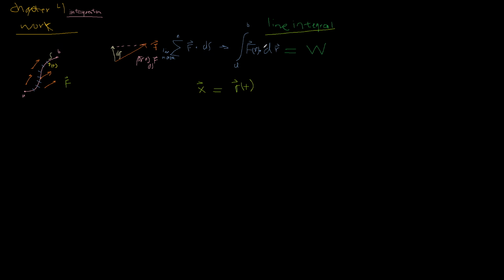Well, remember we did the chain rule. dr is going to turn into r dot of t dt. And we're going to get this integral from a to b of F of r of t dot r dot dt, and this is equal to our work.